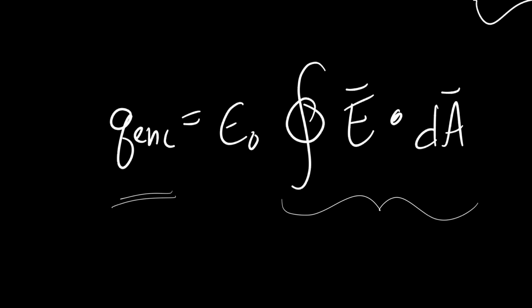Of course, that leaves out one thing, right? This guy, this is just a constant of proportionality. It converts the units of flux into coulombs. It's called the permittivity constant.